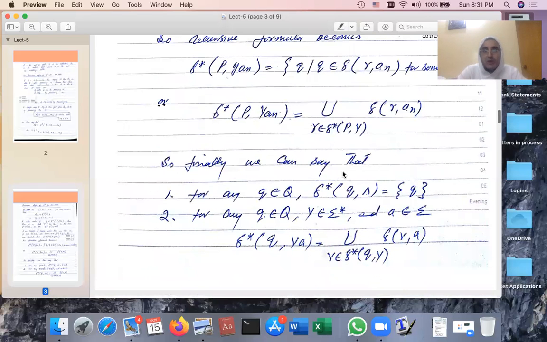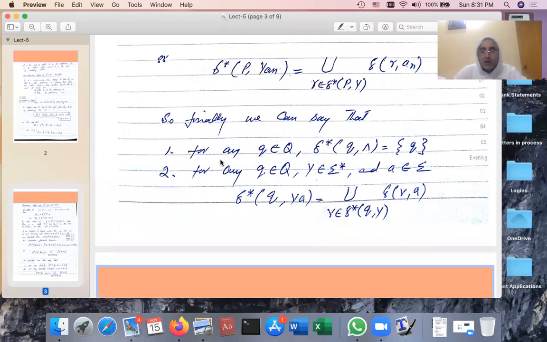So finally we are concluding that for any state q from the set big Q, if we have a null input on that state, I can reach the same state. This is one option.